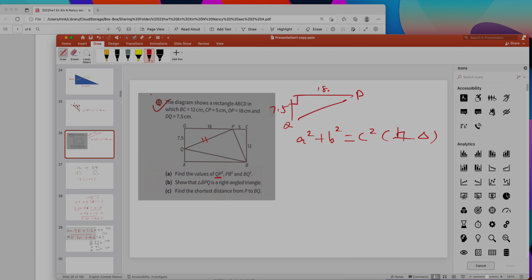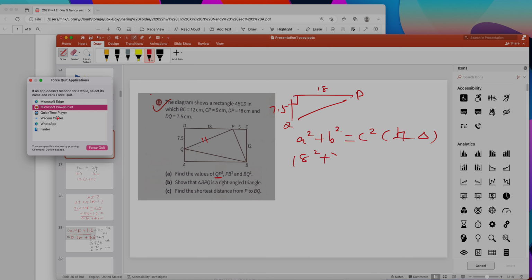So 18, 7.5. Funny thing, how come it hangs here? Let me see. Oh, okay, good. It's back. I think I know why.